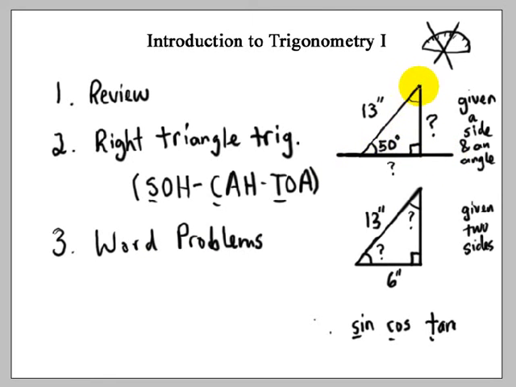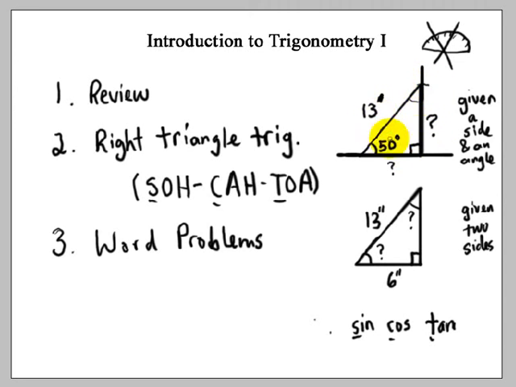And if this is a ladder, and this is the wall of a house, outside here we have a ladder leaning up against the wall. Maybe instead of 13 inches, the ladder might be 13 feet, and the ladder is leaning against the house at an angle of 50 degrees. The question would be, how high does the ladder reach up the wall of the house?